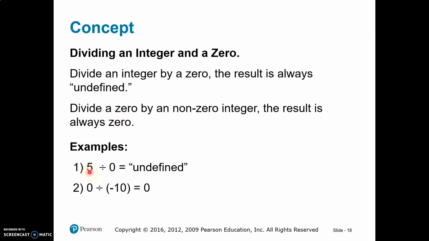So 5 divided by 0 is undefined. But 0 divided by negative 10 is 0. In other words, we cannot divide by 0.